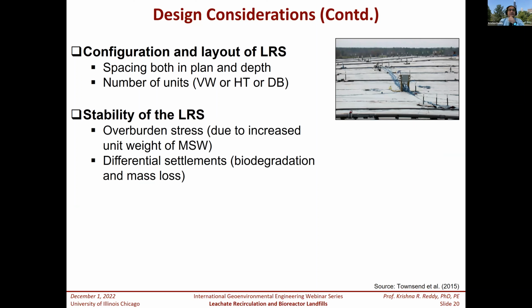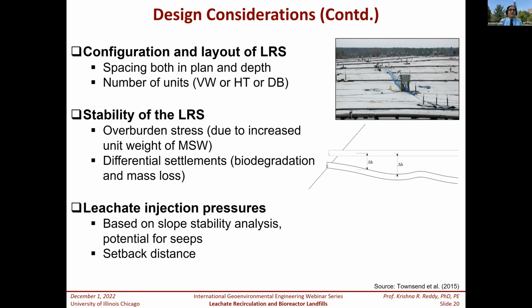And stability is a big concern. Don't get excited about injecting a lot of leachate, because it could have a lot of negative consequences. You want to make sure that the leachate recirculation system itself is stable, because by wetting the waste you are increasing the unit weight, and you will have excess overburden stress.